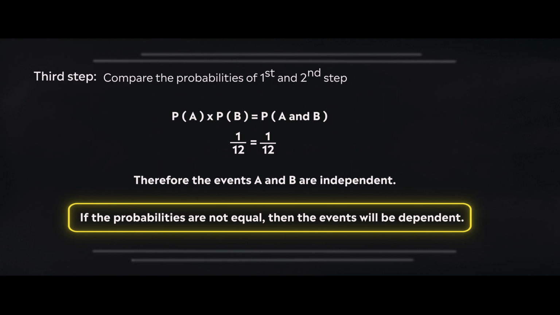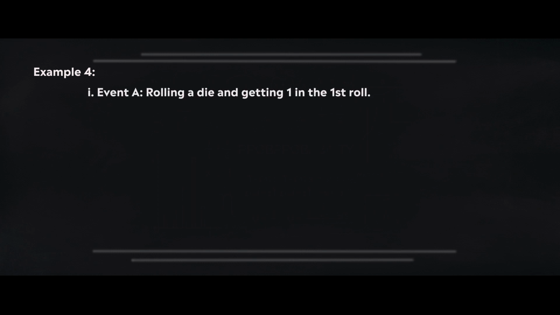Now let's consider example 4. In example 4, event A is described as rolling a die and getting 1 in the first roll. Event B is rolling a sum of 5 in 2 rolls. So can you tell me the first step?